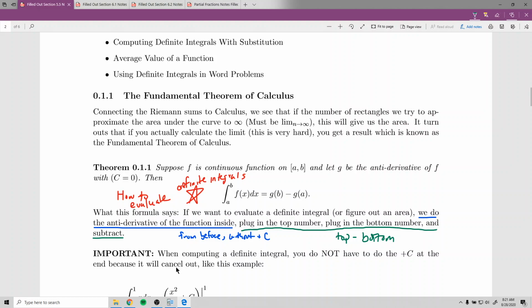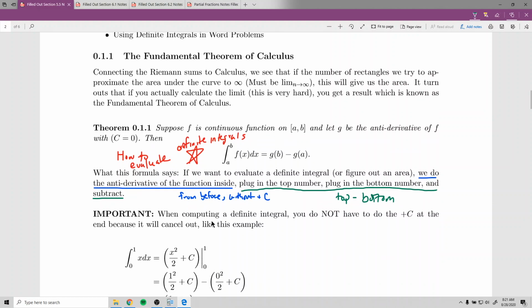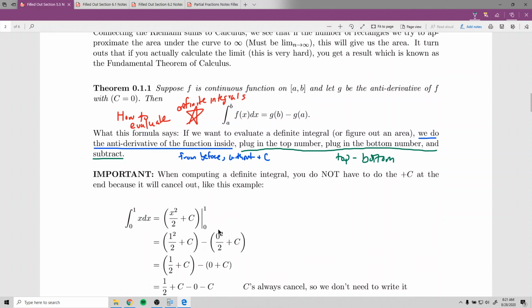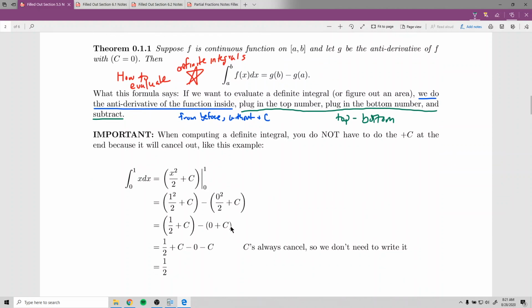All right, and that's the important note I mentioned before: when computing a definite integral, you do not have to do the plus c at the end because it will cancel out. I just have an example here. You can just look and see what I mean by canceling out. Let's say we wanted to do the definite integral of x dx from 0 to 1.